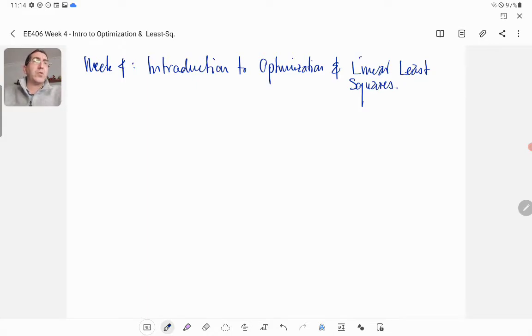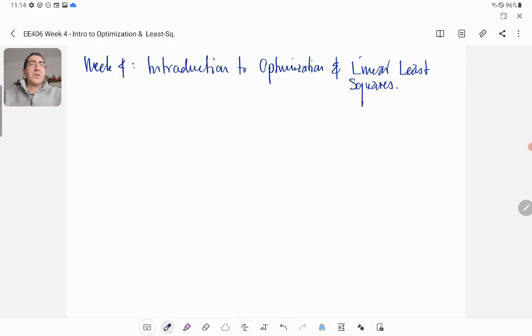As many of you pursuing master's or PhD studies will later on cover, this topic, especially the linear part, is also tightly related with the linear algebra courses 501 and 502. That's going to be part of the graduate curriculum.